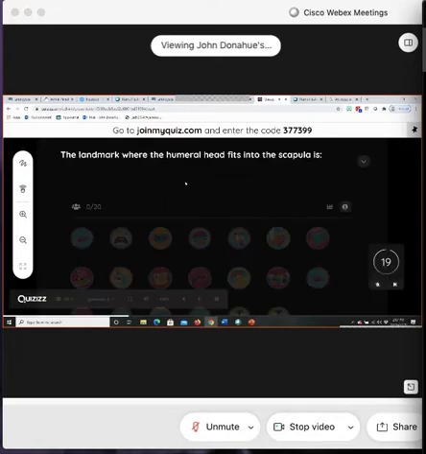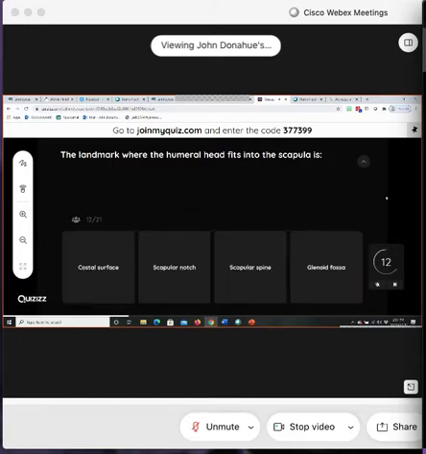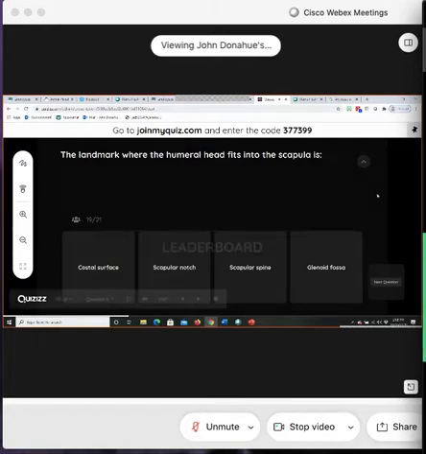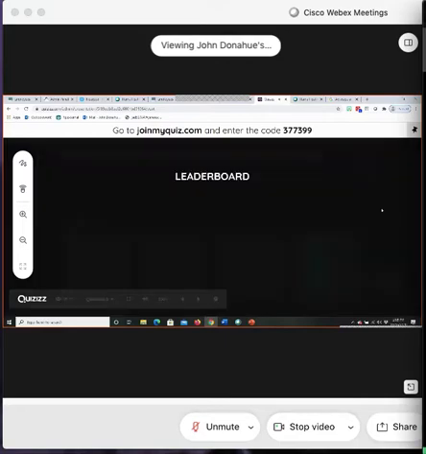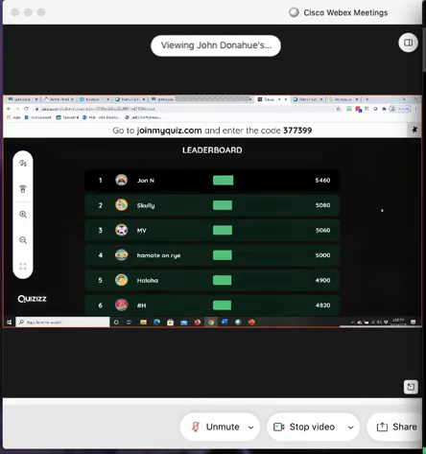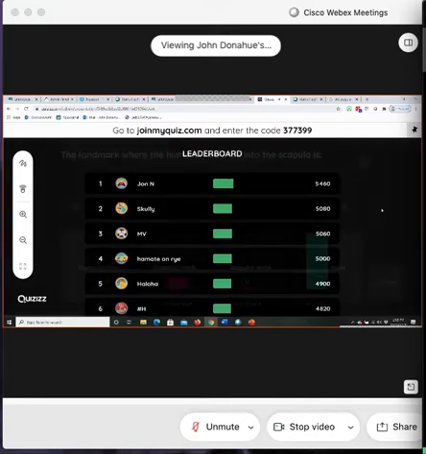The landmark where the humeral head fits into the scapula is, that's the glenoid fossa. The glenoid fossa. To make sure you know the landmark is glenoid fossa, the joint would be the scapulohumeral joint.